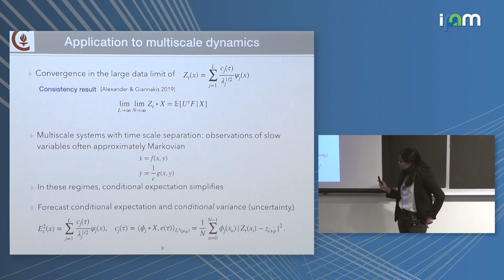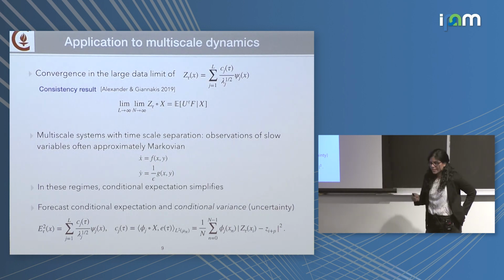In addition to the forecast, you can also have a notion of uncertainty in the forecast by taking the RKHS extension of the error between your forecast and your true trajectory.